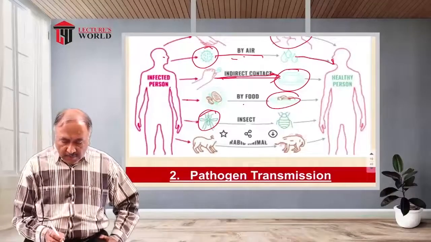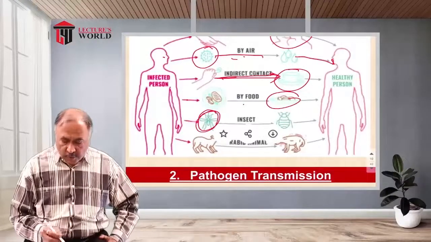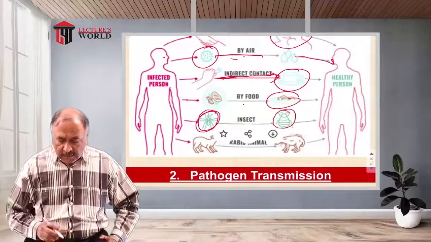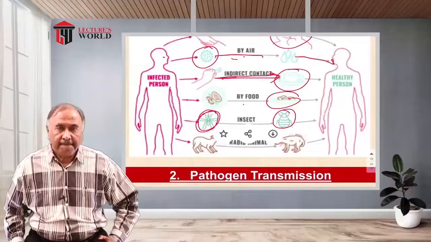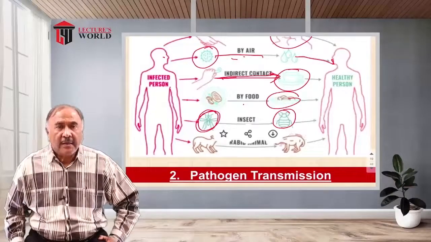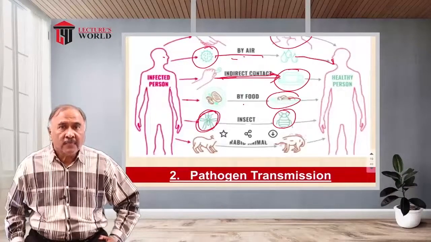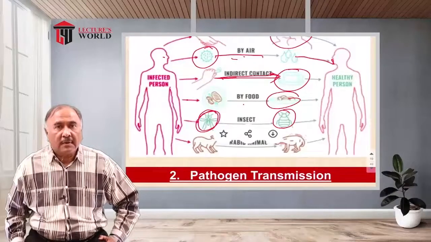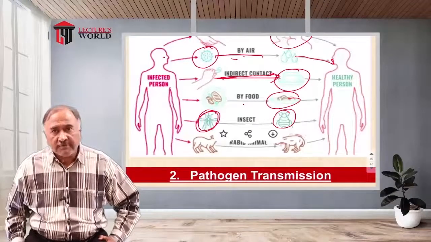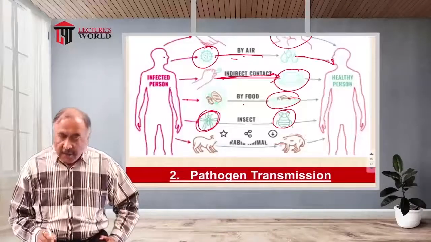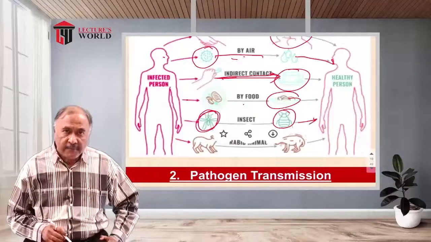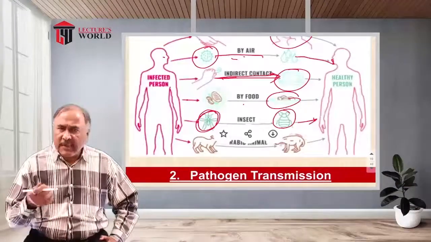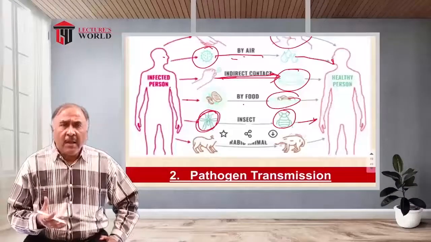So here mosquito is also shown, and this is a mite or a tick, I would say. Tick, mite, louse, all these insects, arthropods, they are transmitting the organisms from an infected individual to the healthy individual. Mosquito examples are very simple.